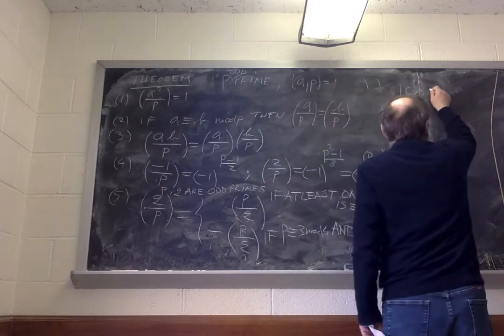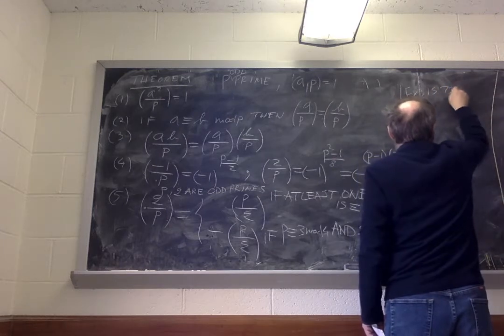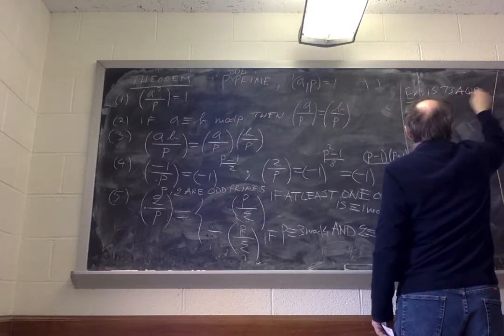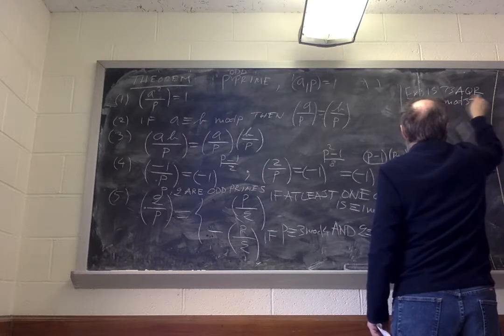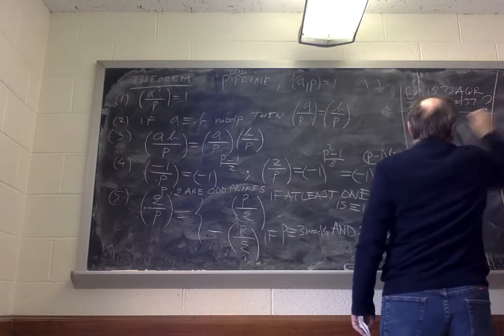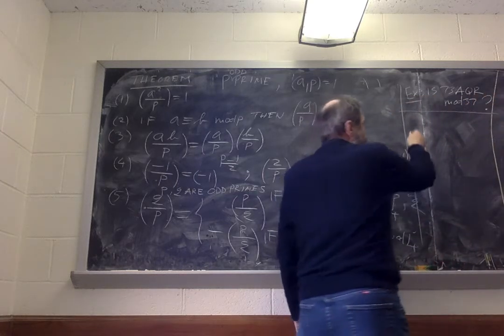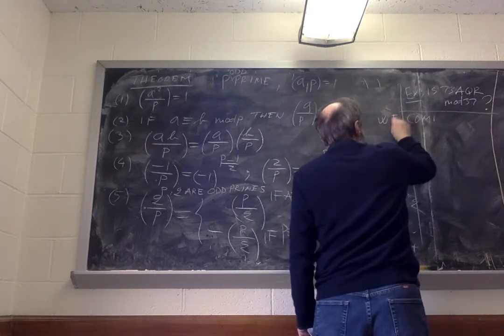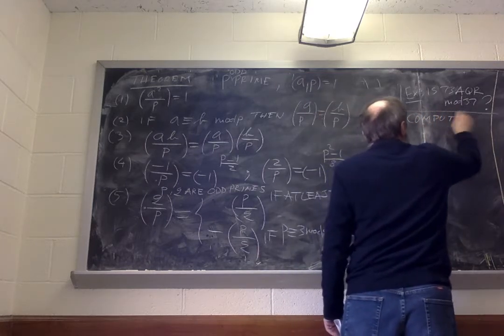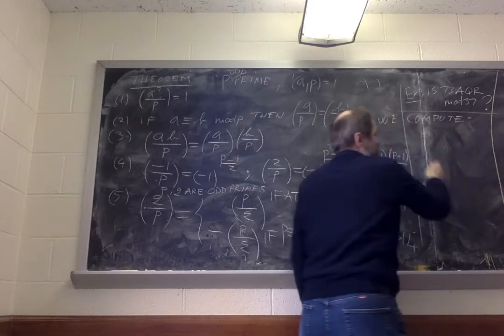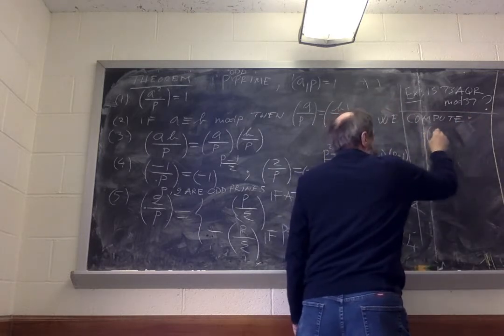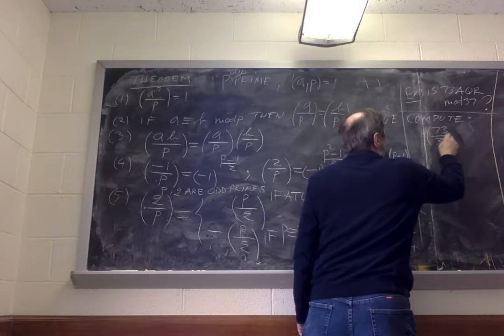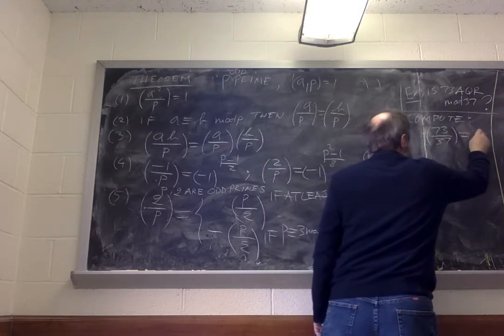So we say, is 73 a quadratic residue mod 37? And we said that we'll do it just by computing. So we compute the symbol 73 over 37 equals.